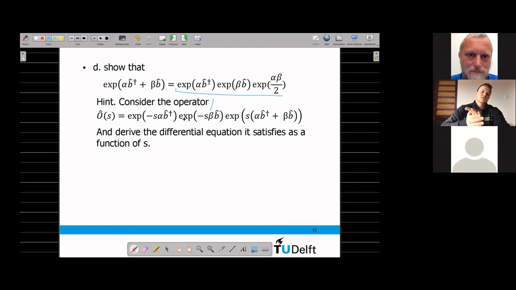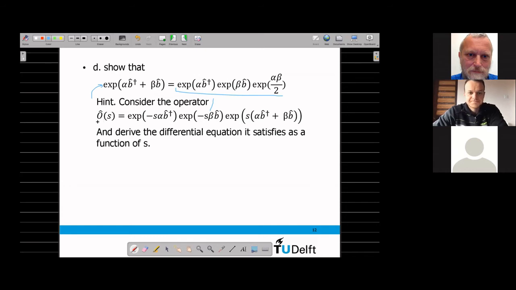So our method will be to derive a differential equation that is satisfied for any S, and then we're going to see if we can find this equality for a specific S.